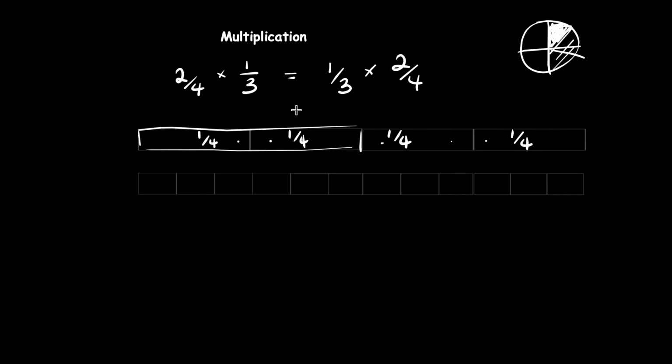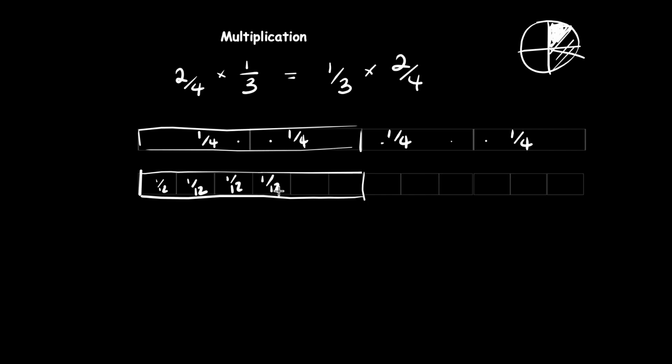Now, when I look at this, it is 12 parts. If I look at this amount that is equal to 2 quarters, it works out to 1, 2, 3, 4, 5, 6. So this is a 12.